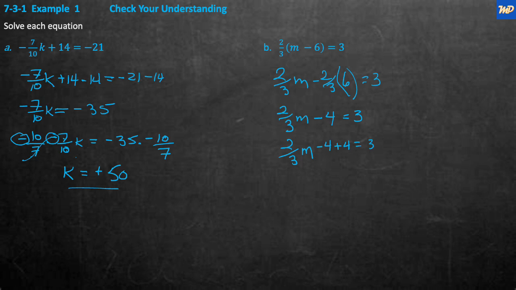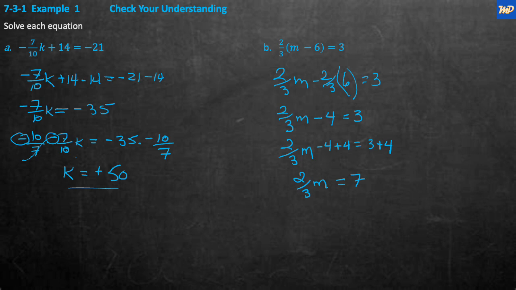Okay, so 3 plus 4. Sorry for the delay on that. So these 4s will cancel. So we're going to have 2/3 m equals 7, because 3 plus 4 is 7. And if we work this out, we're going to multiply 3 halves by the 2/3 here.